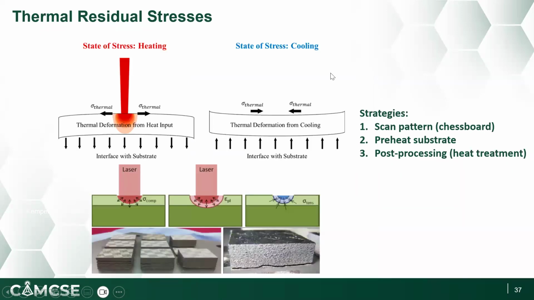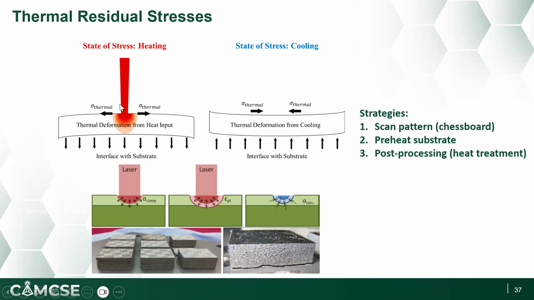So the last defect, or a very common phenomenon that we need to pay attention to in 3D printed metals, is the so-called thermal residual stresses. This happens due to the cyclic heating and cooling process. When the laser is melting the powder, you form a melted pool, right?